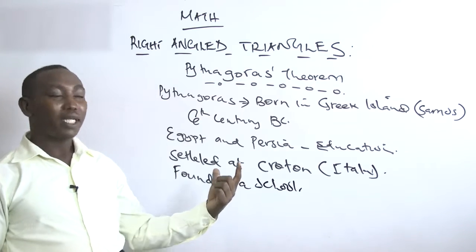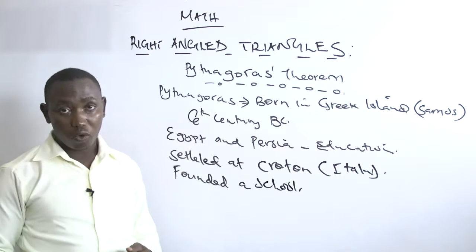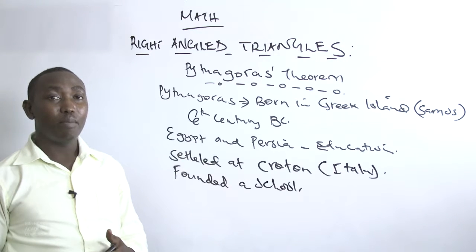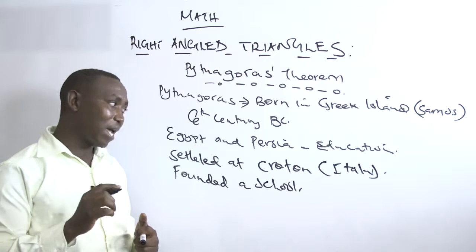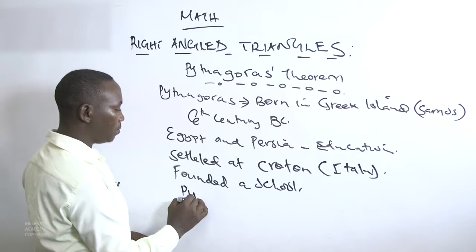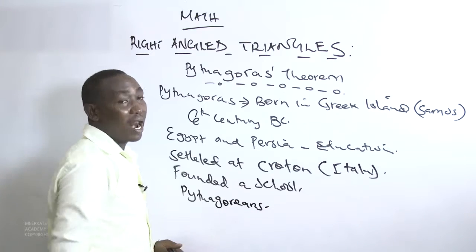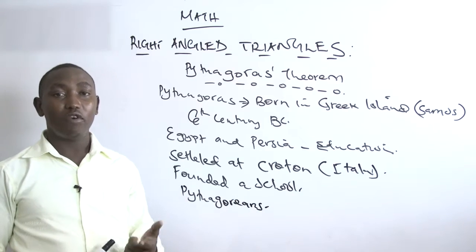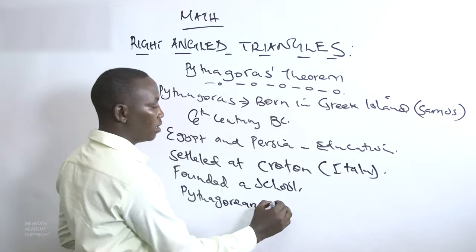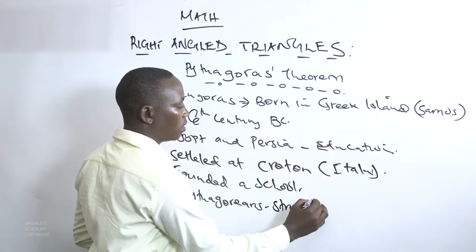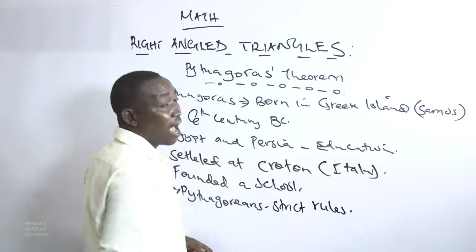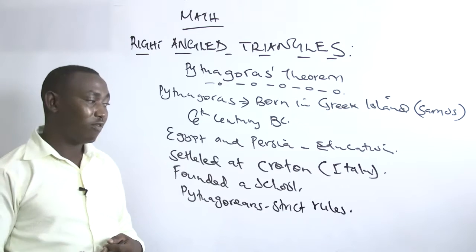Those people who attended Pythagoras' school were referred to as the Pythagoreans. And they lived following very strict rules and a very structured way of life.